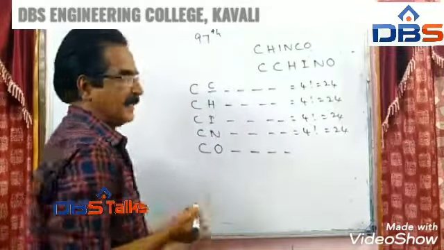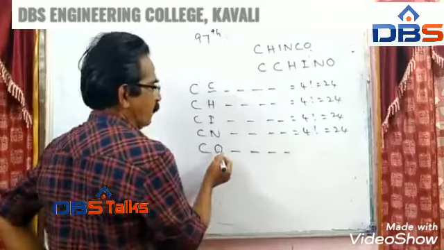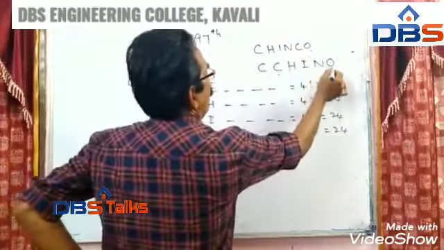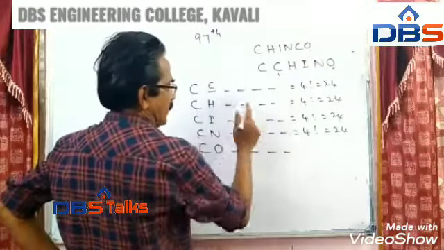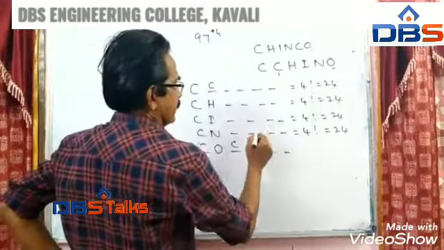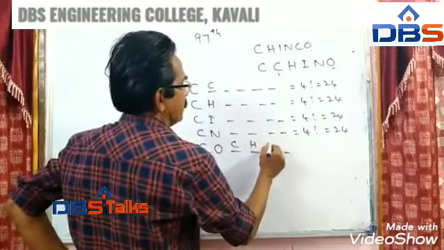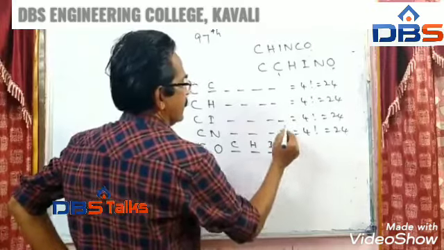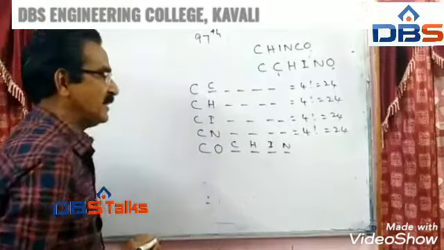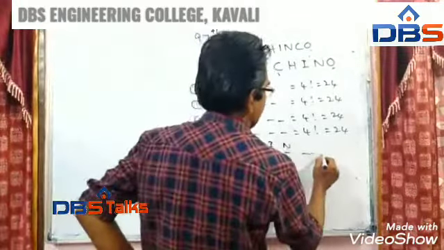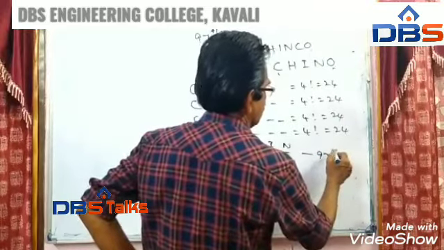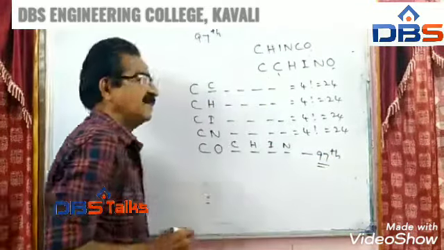So the next word will be CO, and then the smallest letter is H, the next bigger I, the next bigger K, then N. So COHIKN is the 97th word.